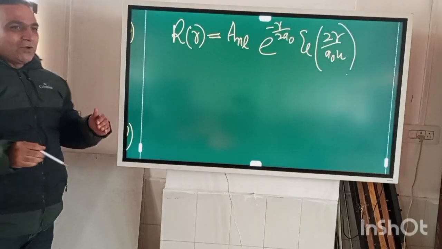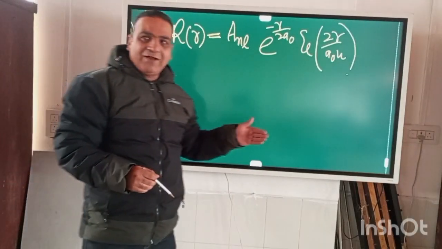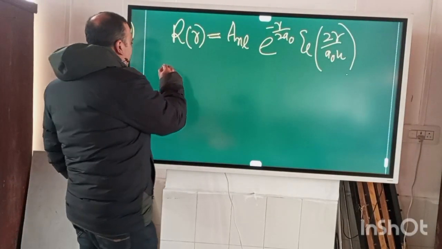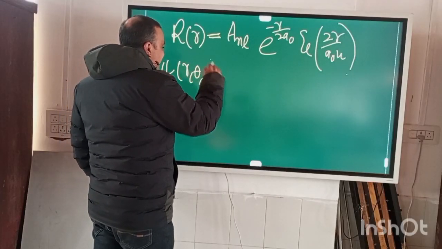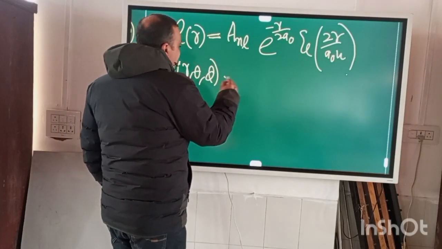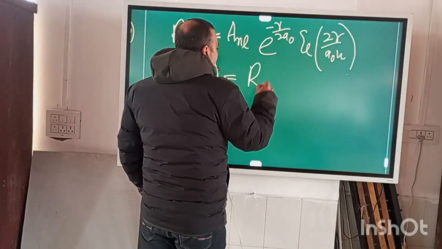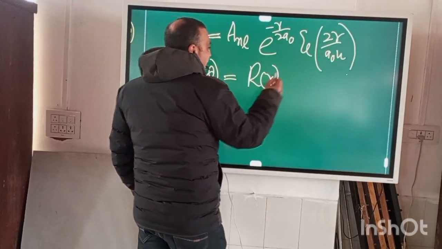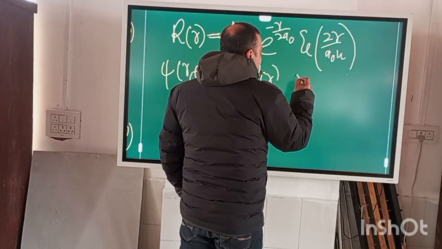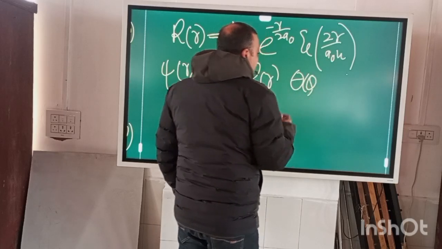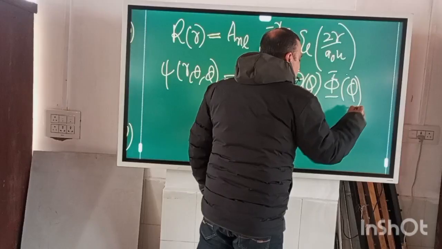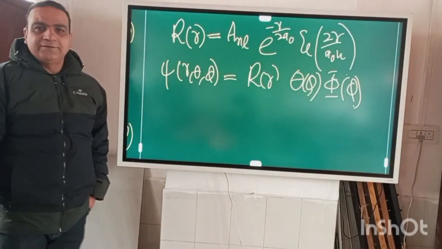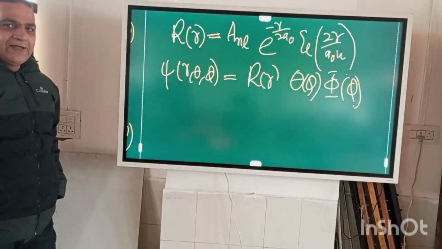When we write down the total wave function psi of r, theta, and phi, it will incorporate R of r, Theta of theta, and Phi of phi.